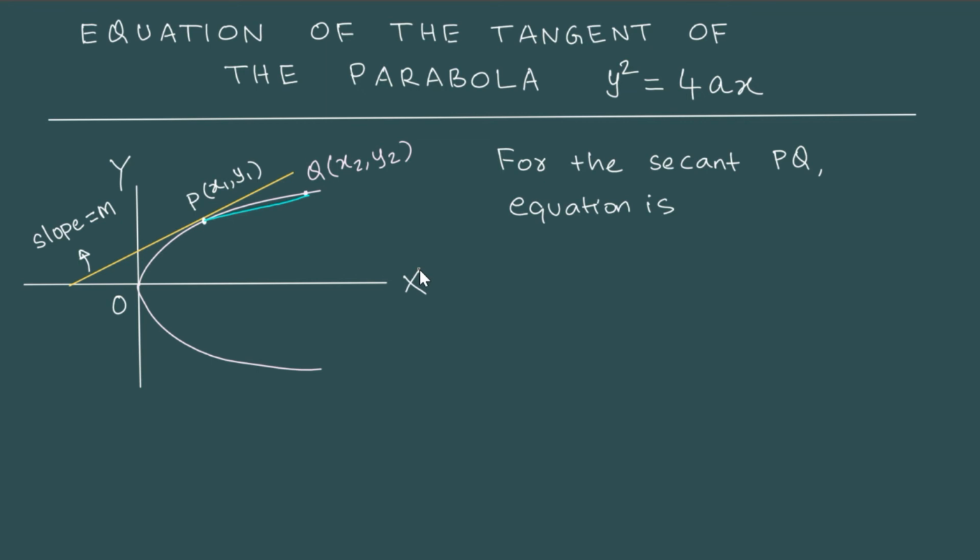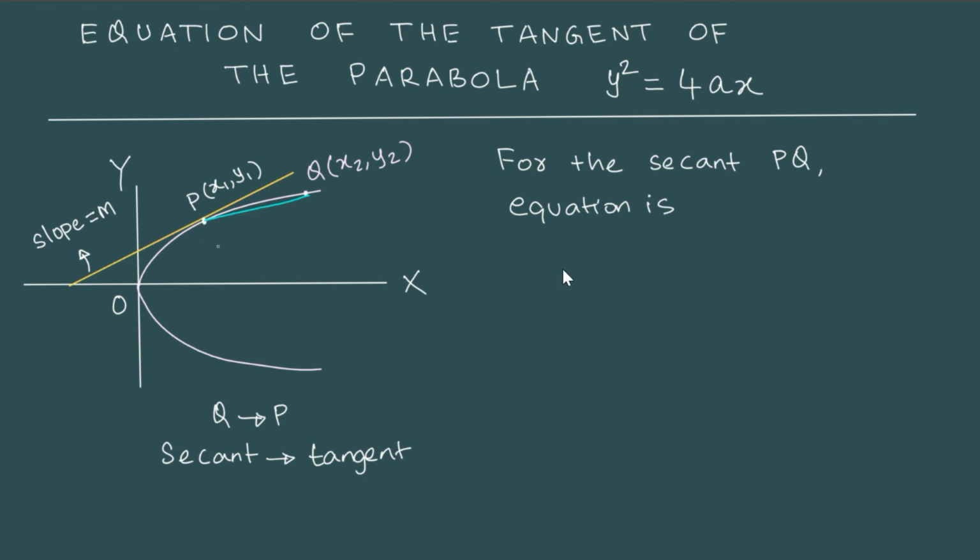Because if you want a tangent, the secant becomes the tangent when this point Q approaches this point P. So when Q almost becomes P, it gets very close to P. It can come from either left side or right side, doesn't matter. When Q approaches P, the secant converges into a tangent, or the secant becomes a tangent.